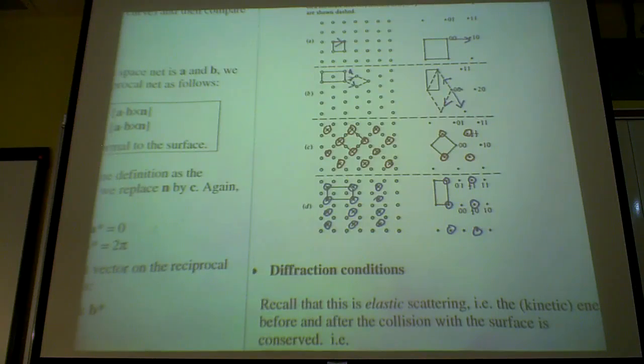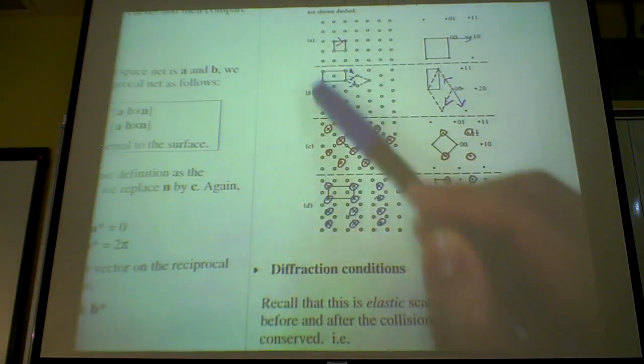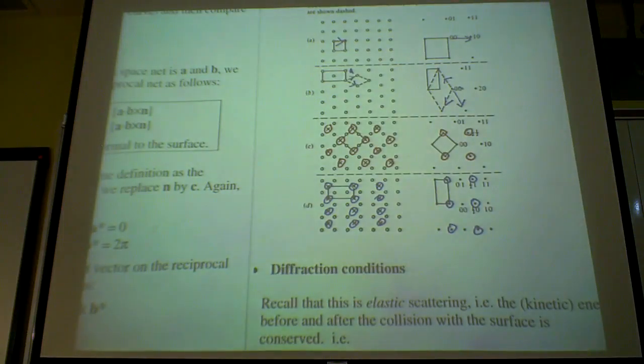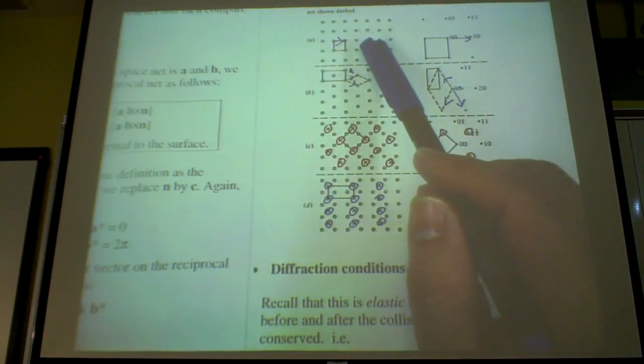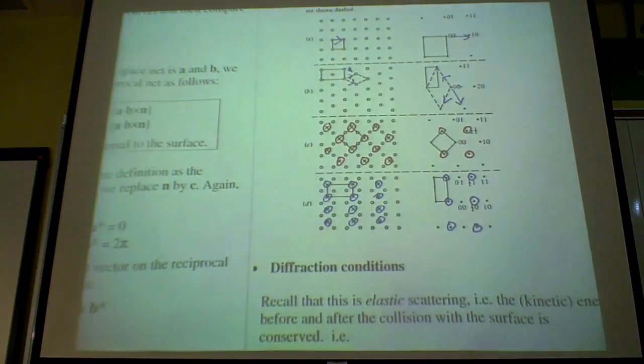That I call either the overlayer or the selvedge. So think of this as the ideal termination of your substrate. Now, another way to think of this is that I can think of this as the top layer of my selvedge, and then I can put my atom on top, like adsorb it on top.